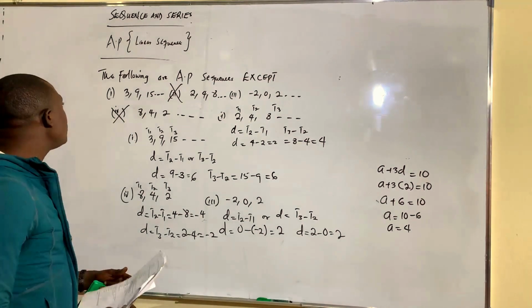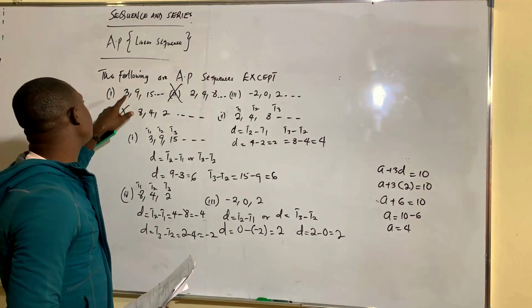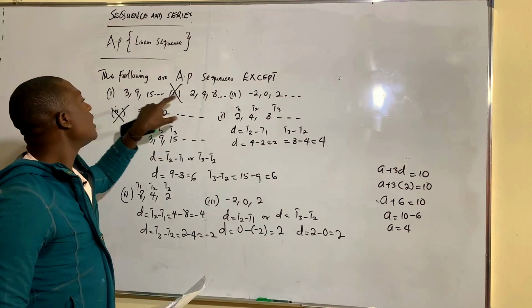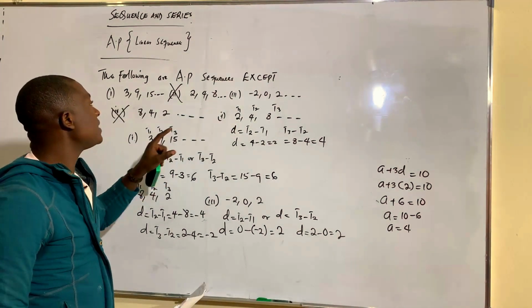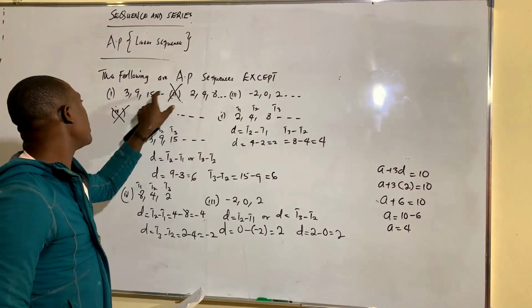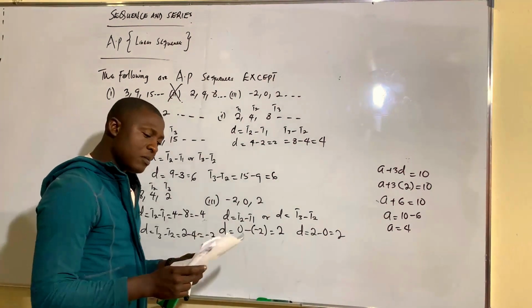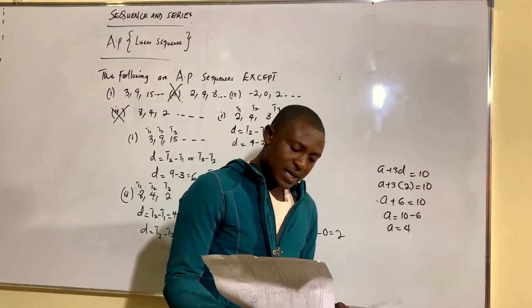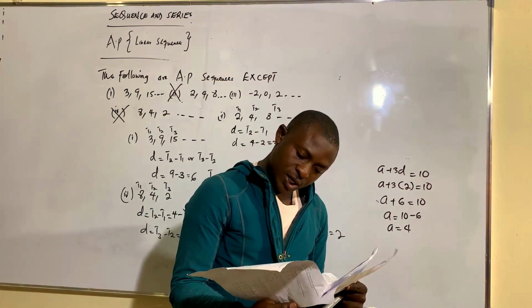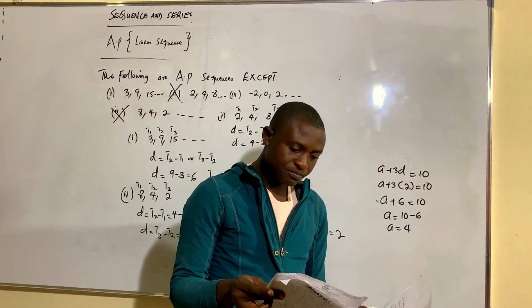So that means the only ones that satisfy the condition of AP are the first one and the third one. That means the exceptions here are the second one and the fourth one. So we can still have another problem before we move to the sum of an AP. Let's take a look if we can have other questions.